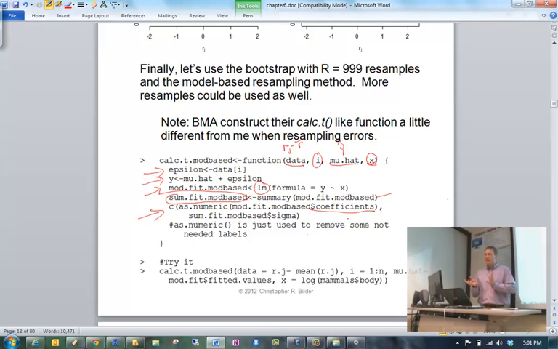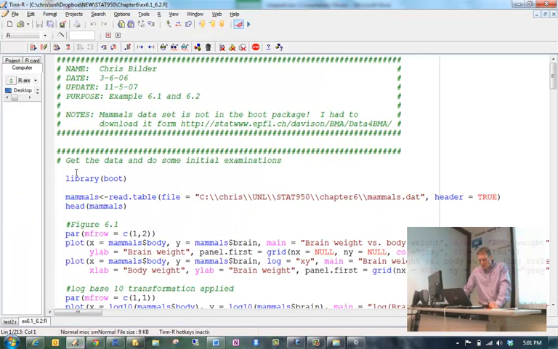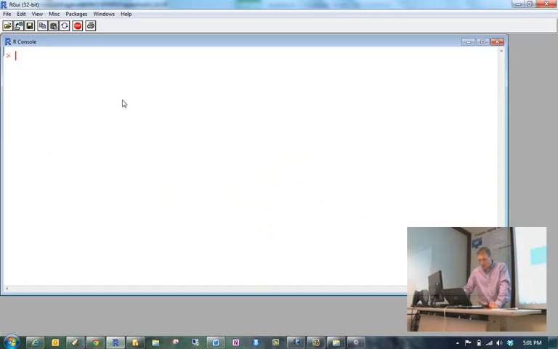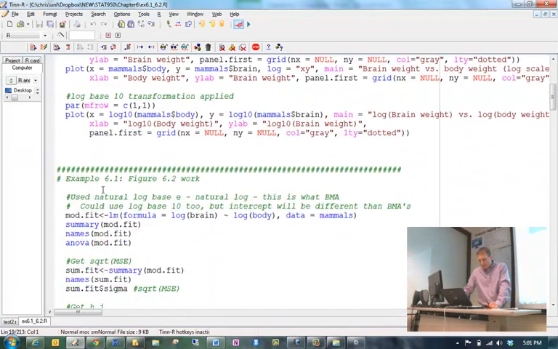I have the as.numeric there just to remove some unneeded labels. And then I'm also going to pass back my S, which will be S star with resamples. So I guess I could do some of this directly here.